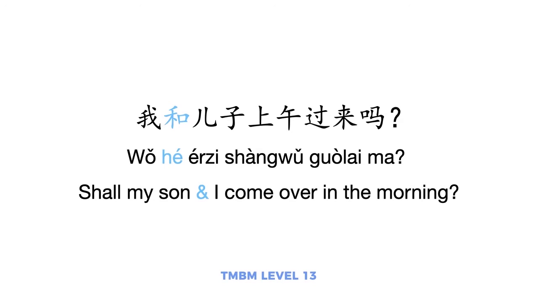So in this case, it's me and son, 我和儿子. And so that's the subject of the sentence. The subject of the sentence is myself and my son, and then everything else is just what you and your son do. In this case, it's a question, but it's still, should we come over in the morning?